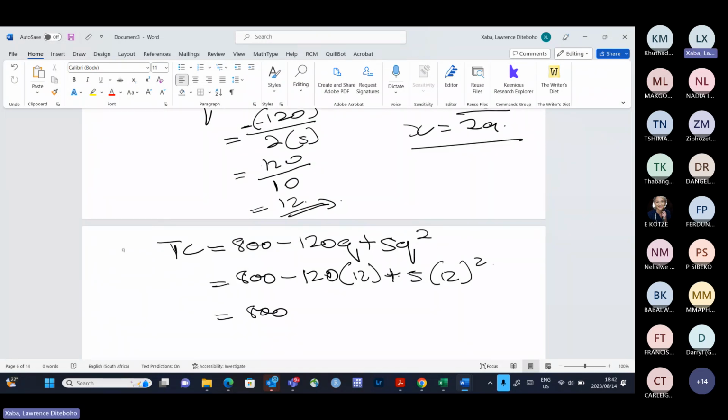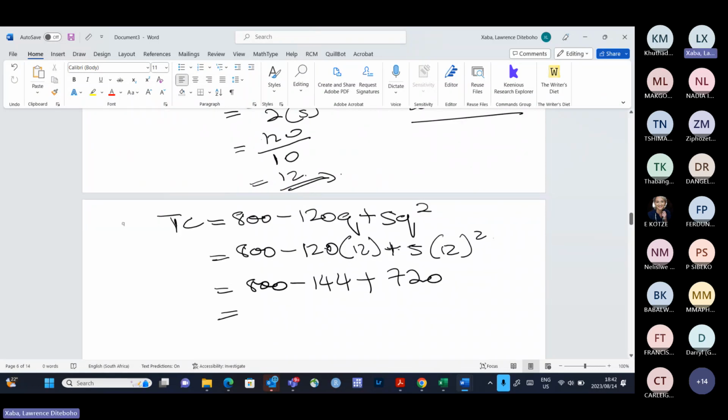So we simplify. Then 120 times 12, then we have negative, plus 144 times 5. Then you sum. What do you have there?